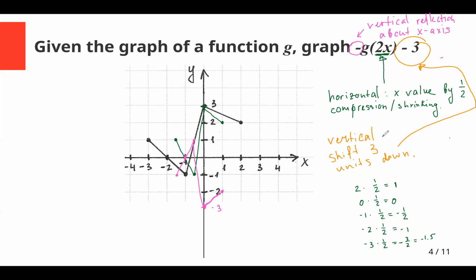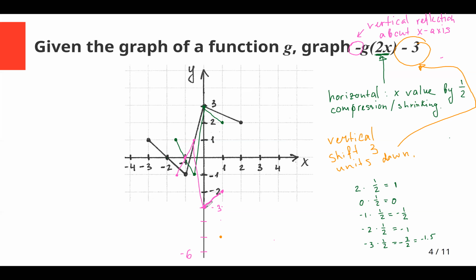Okay, and then finally we'll have the vertical shift 3 units down, right? So for that, I need to add more units. 1, 2, 3. So it will be like negative 6 over here, right? So let's start with this point. We go 1, 2, 3 down. Let me change the color. It will be the orange one. So over here, right?